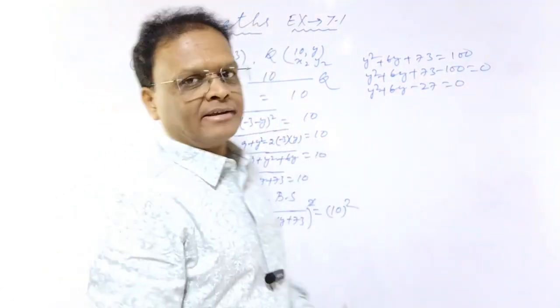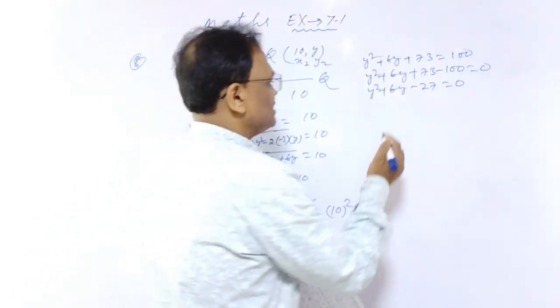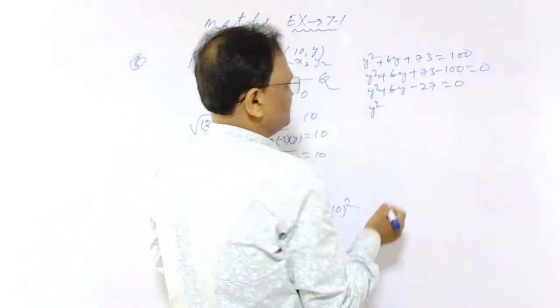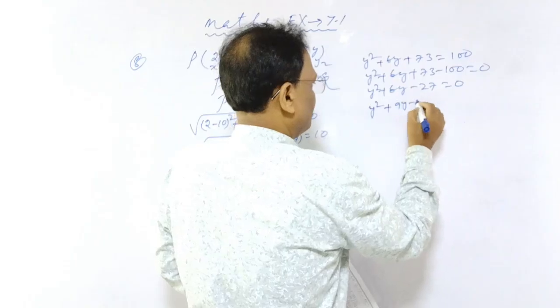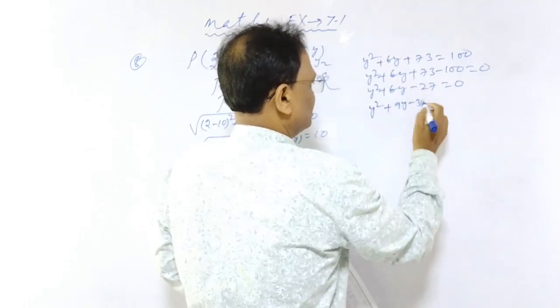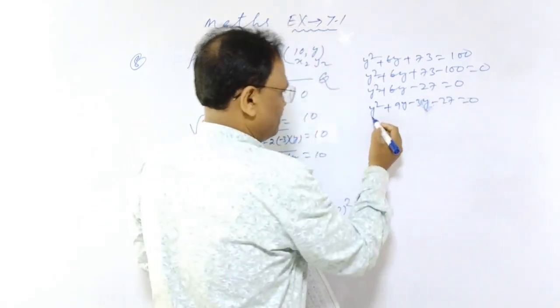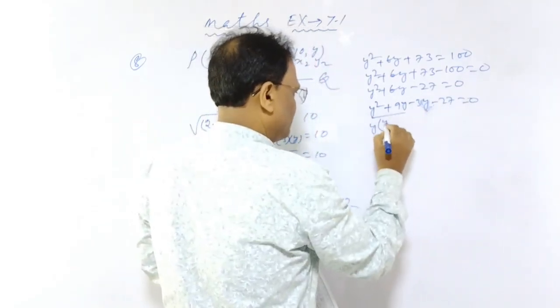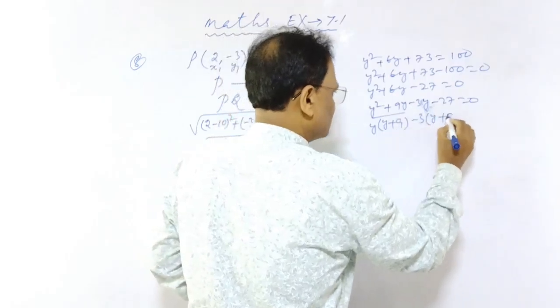From here you have to factorize because I got a quadratic equation. If I factorize y square plus 6y, I'll split it as 9y minus 3y. So y square plus 9y minus 3y minus 27 equals 0. Just factorize, take the common: y into y plus 9 minus 3 into y plus 9.